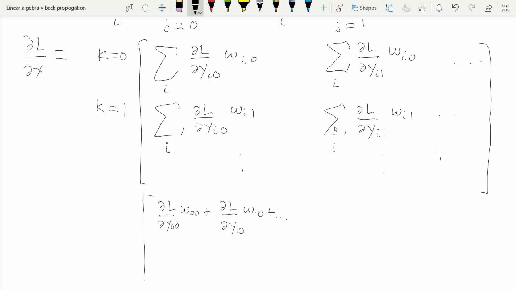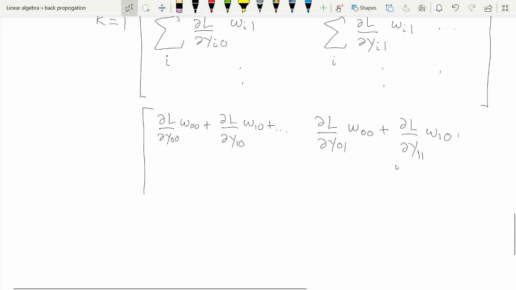Then the second entry, 0,1, with i equal to 0, is del L by del y_01 w_00 plus del L by del y_11 w_10, and that carries on.